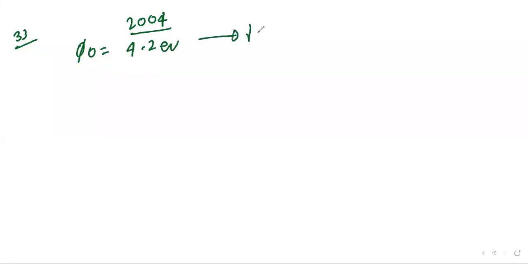Now see the 33. 33 is asked in 2004. Work function of metal is given, phi naught, that is 4.2 electron volt. Threshold wavelength you have to find, that means lambda naught. So use the energy formula directly.